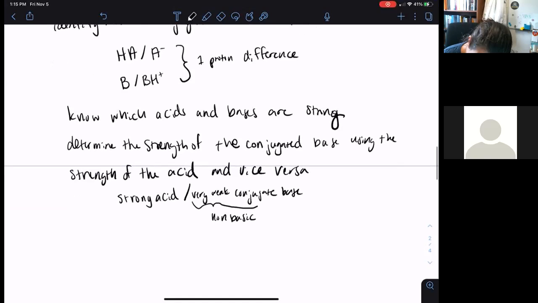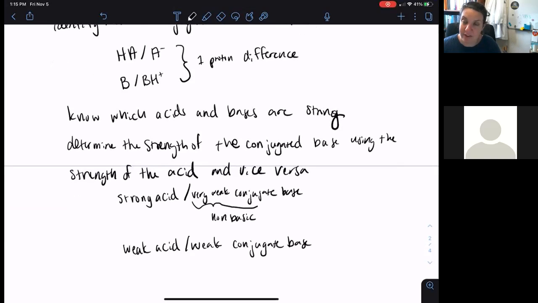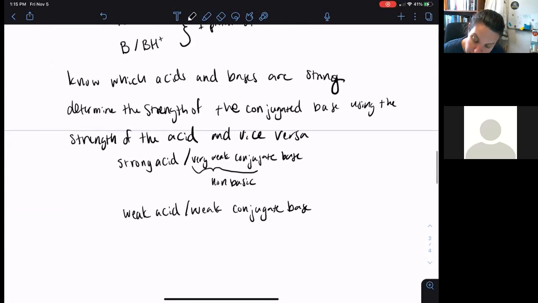And then if we're thinking about a weak acid, it's going to have a weak conjugate base. And if we have a weak acid and a weak base, Ka times Kb is equal to Kw for those species.